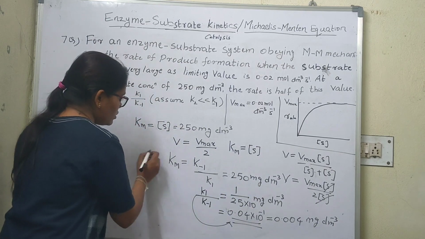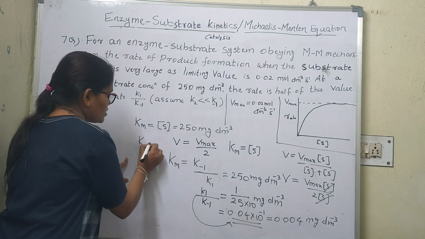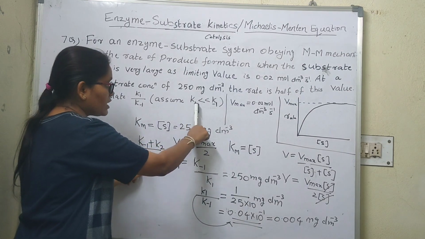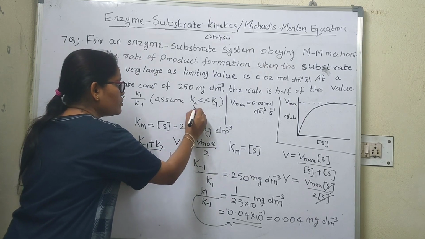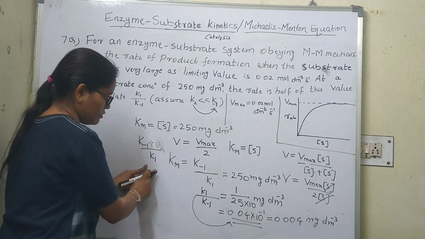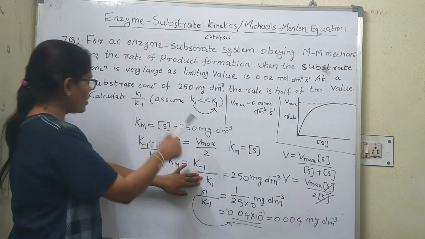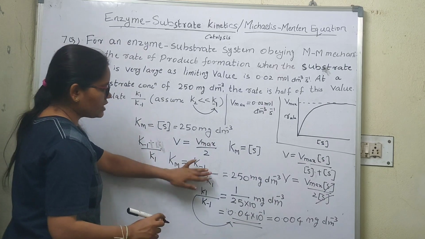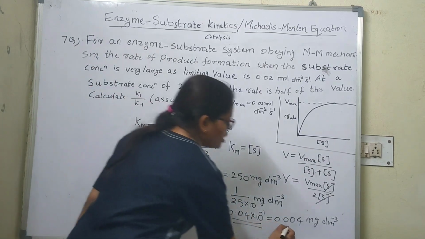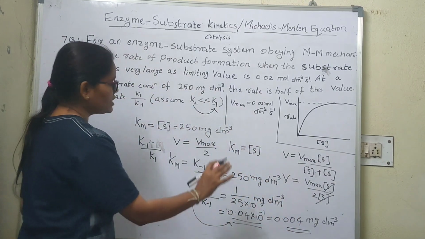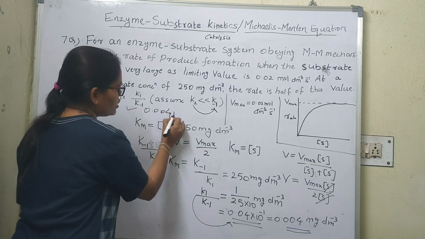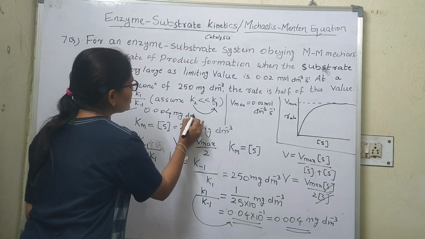Km is k minus 1 plus k2 over k1, and since k2 is far less than k minus 1, we can neglect it. So it becomes k minus 1 over k1. But what we want is k1 over k minus 1, which we can get by inverting it. So 1 by 250 is 0.004. So k1 by k minus 1 is 0.004 per milligram decimeter cube.